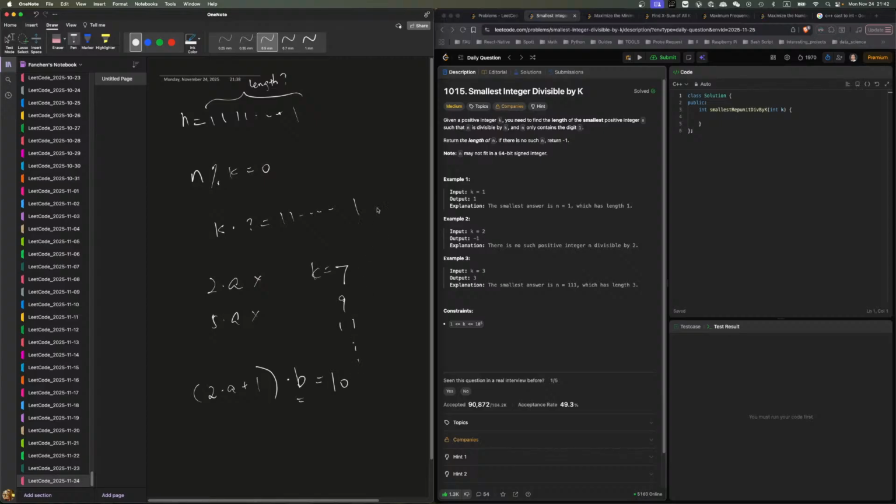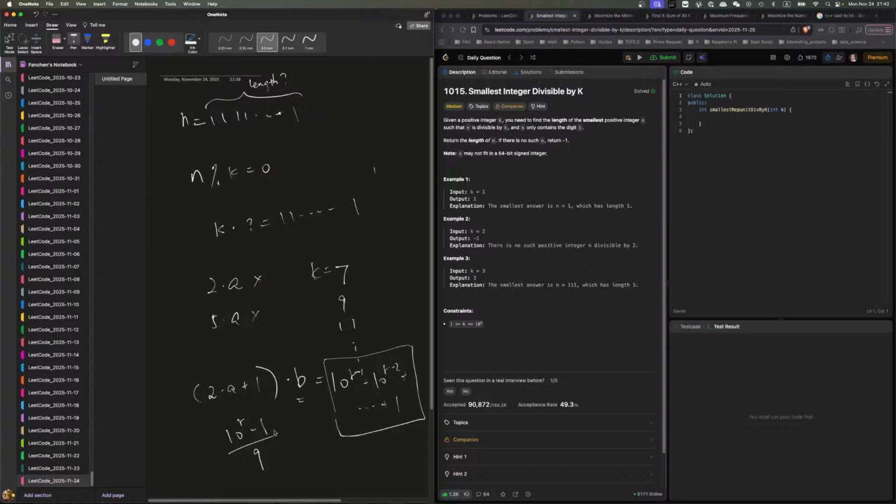So we say r, because it will be 10 to the r minus 1 plus 10 to the r minus 2 plus ... plus 1, right? And this part can be simplified. So this is essentially 10 to the r minus 1 divided by 9, right?